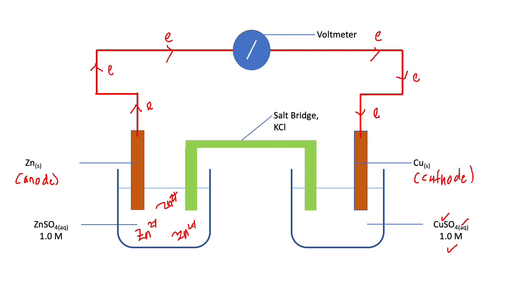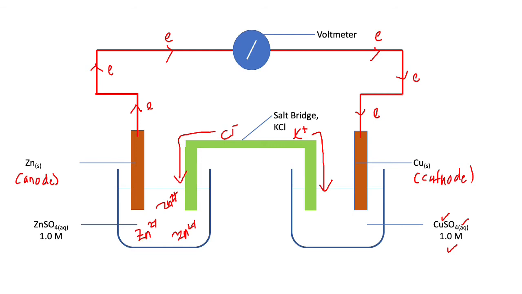Now in this salt bridge we have KCl, so Cl minus will go to this cell to neutralize the charge, whereas K plus will go here. Okay, K plus will go here. So there you go. This is the complete diagram of a galvanic cell and how it works.